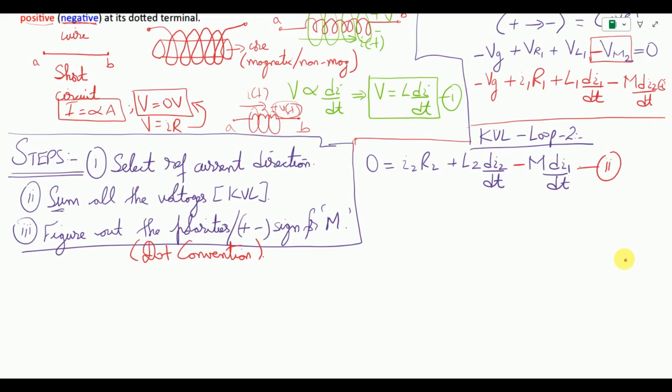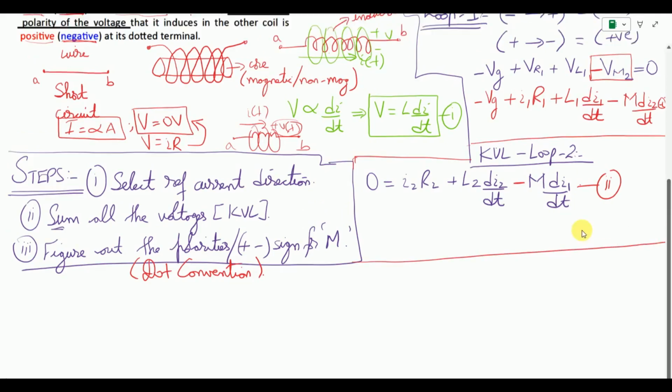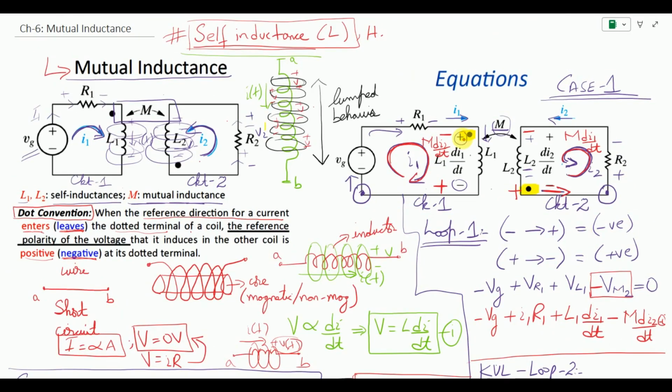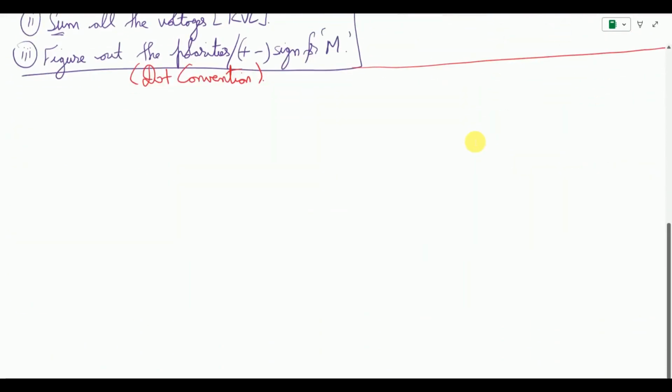Let us look into more scenarios of writing the equations. We have seen the first scenario where the dot convention was having a dot in the diagonal or opposite side. Now let us take the second case. Let us take case number 2 to understand the dot convention and writing the equation.